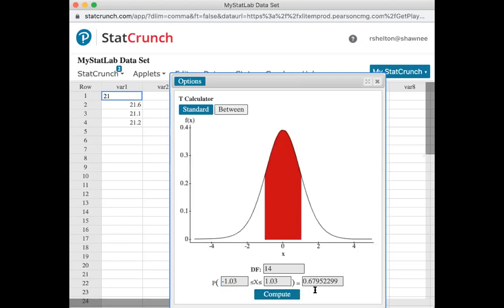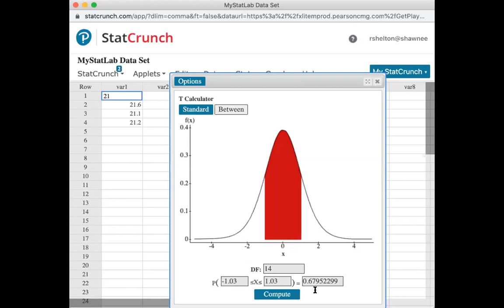Our p-value is the probability that we're outside of that red region, the probability that we're in one of the tails. And we get that by 1 minus 0.6795, okay? So I'll put that in the calculator. 1 minus 0.6795 equals, so I get 0.3205 for our p-value, okay?